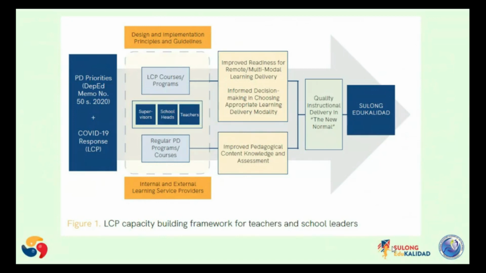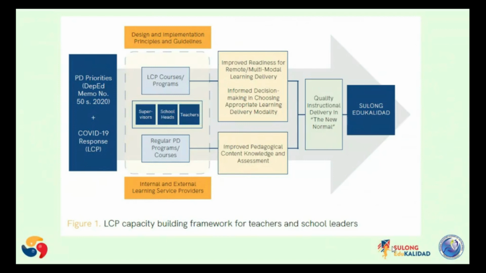Also, on this process or processes, we'll be considering the regular professional development programs and courses. So with these inputs and processes, our expected outputs are the following: improved readiness for remote multimodal learning delivery, informed decision making in choosing the appropriate learning delivery modality, and improved pedagogical content knowledge and assessment.